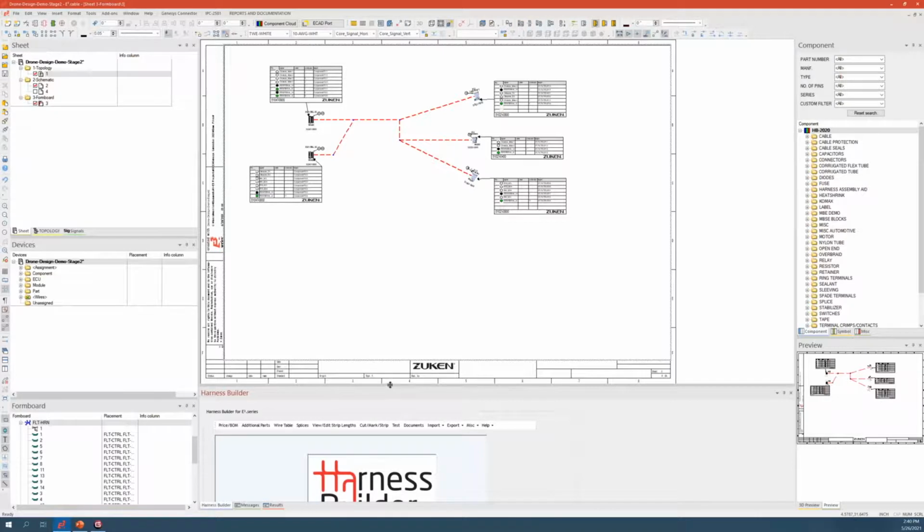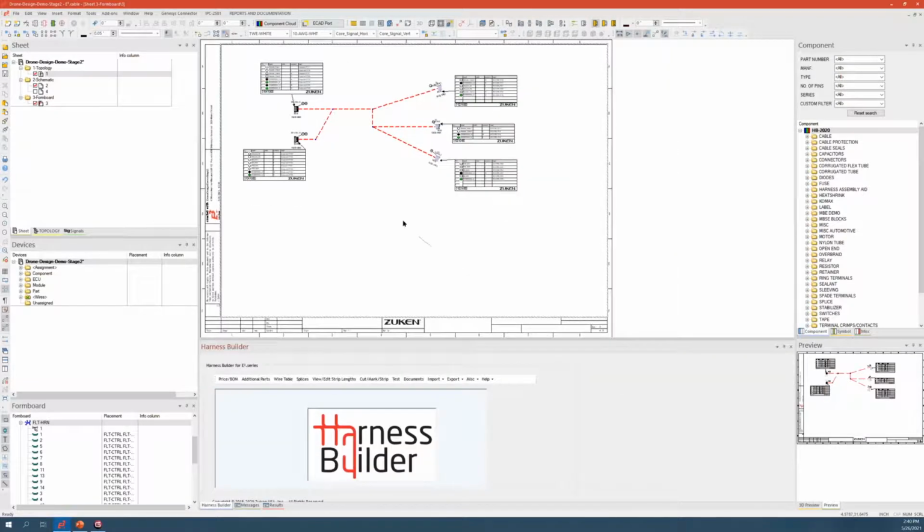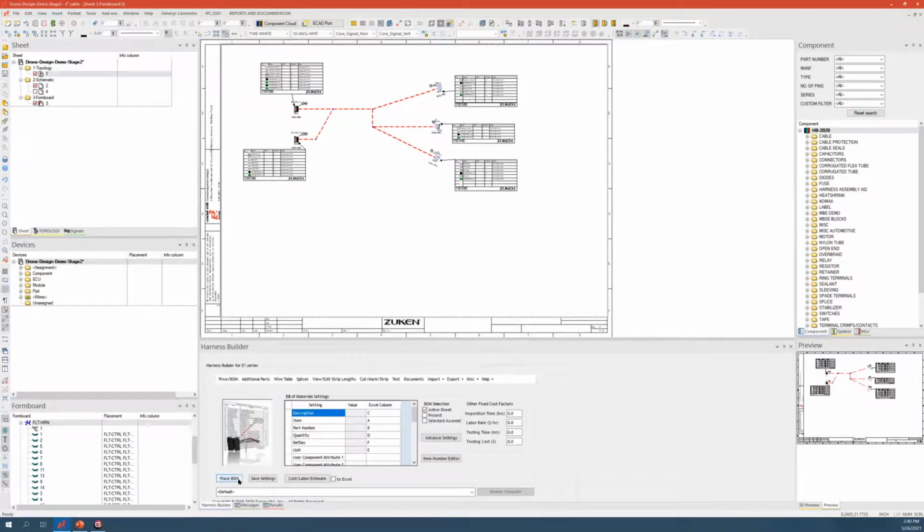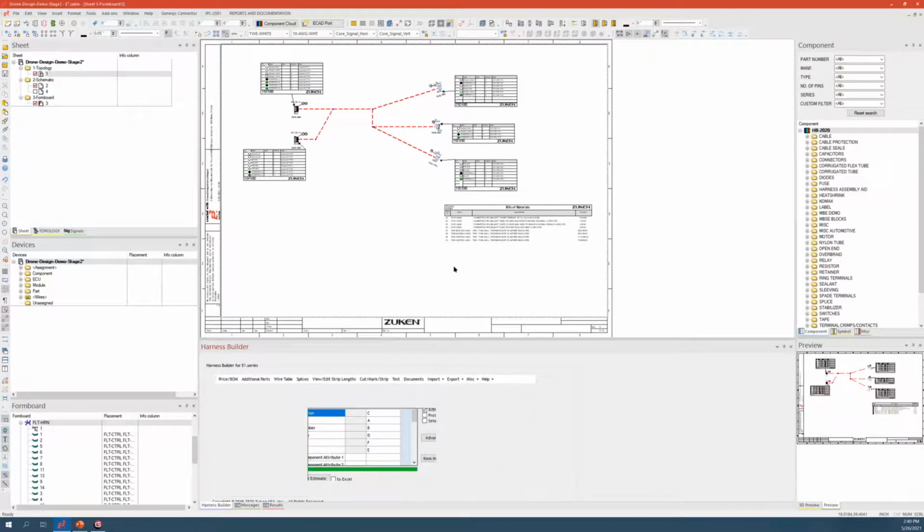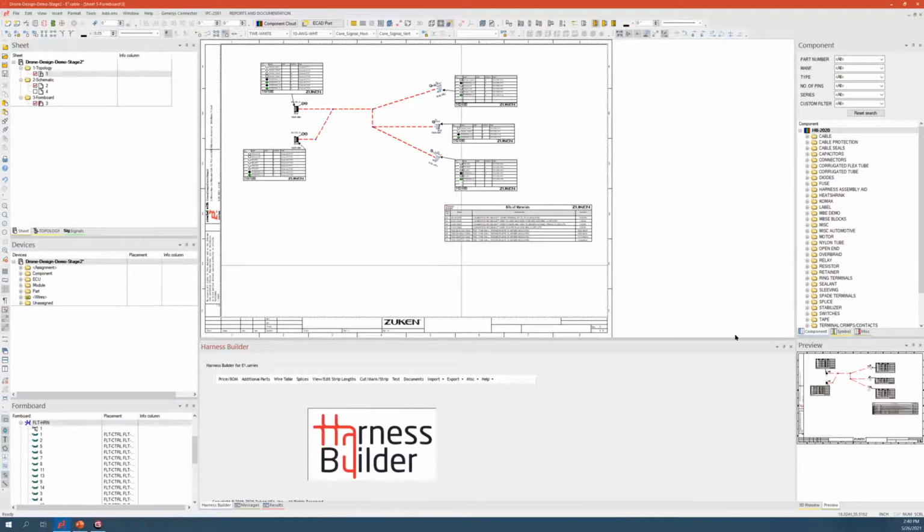Now, there's a lot of neat little tricks you can do to make sure that the design is moving quickly. For example, we can create a bill of materials on the page. So we can place the bill of materials, and all the established bill of material information is going to be there. It'll even produce an Excel sheet if need be.